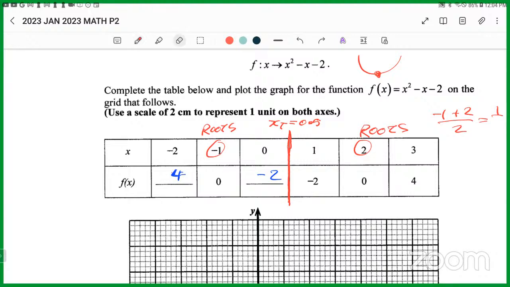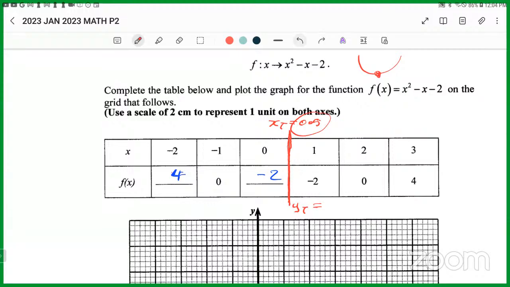All right? And then to find the y value down here that corresponds to a half, in other words the yt value, we can take the half and put it in the function for the x.